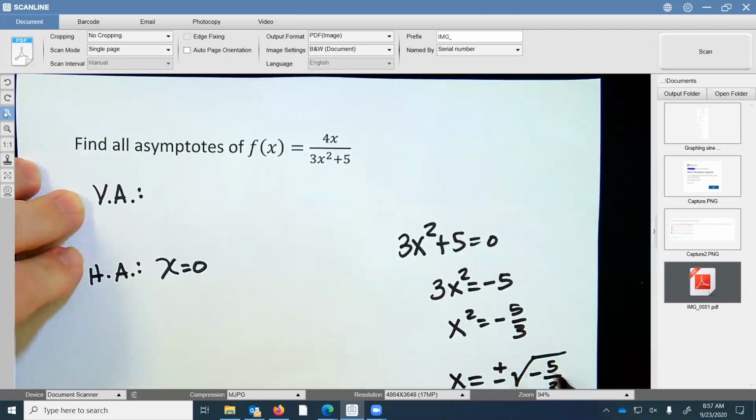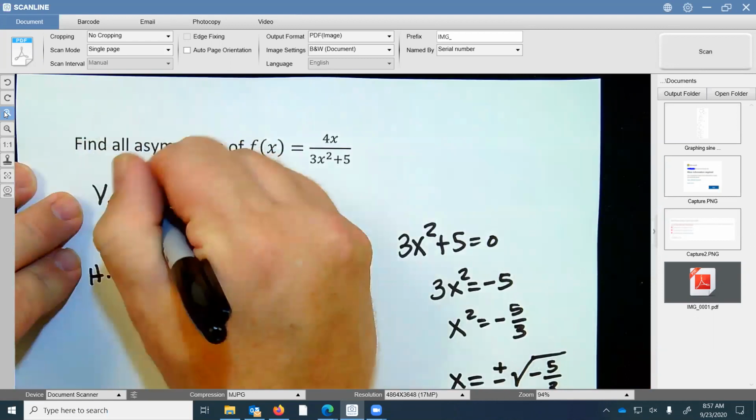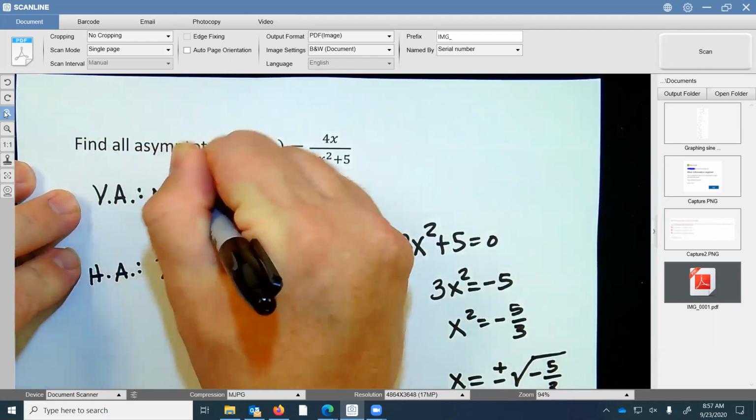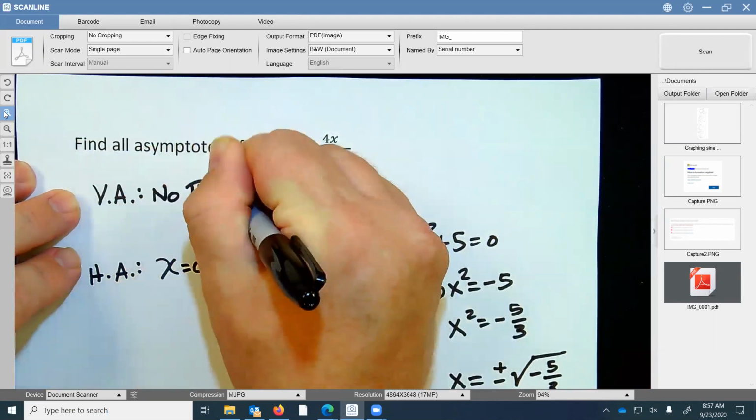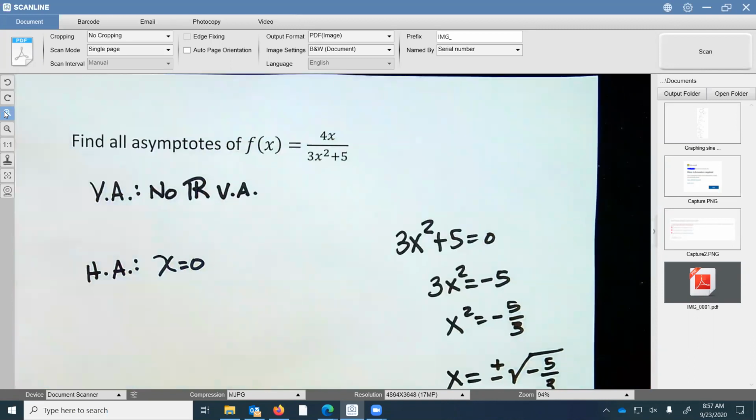Oh no, what kind of number is this? This is imaginary. So we would say there are no real vertical asymptotes. So it has a horizontal asymptote at x equals 0 and no real vertical asymptotes.